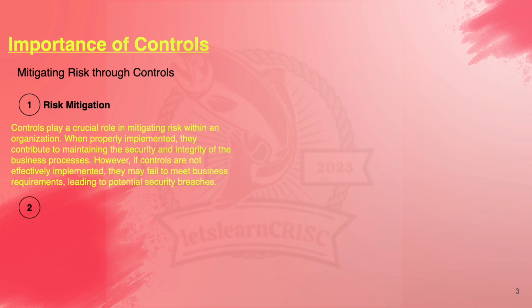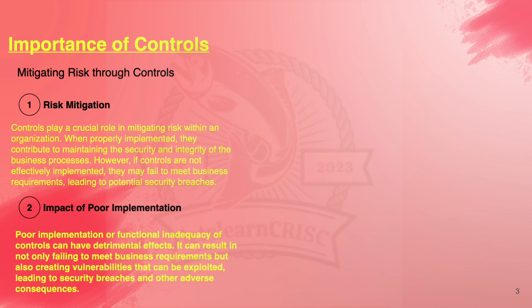Similarly, next we'll discuss the impact of poor implementation. Friends, if controls are not set up or managed well, they may not do their job properly. This can lead to problems like security breaches, where unauthorized people can access sensitive information. Imagine a company using a password as a control for access to its computer system.